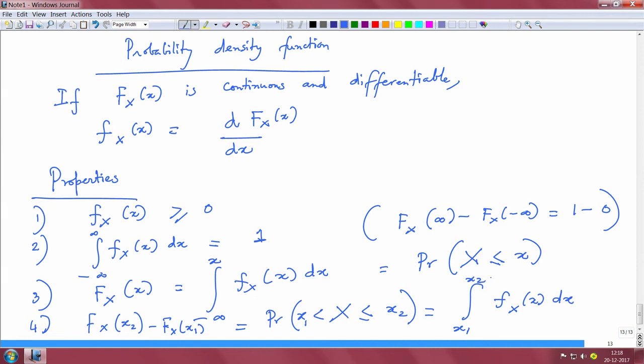So, these are some basic properties. You would have seen all of these, but now in the context of sets etc., you will be able to better appreciate what is really happening here.